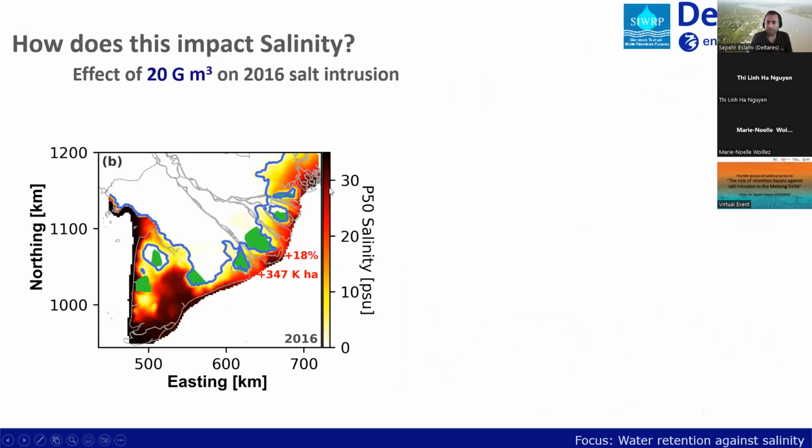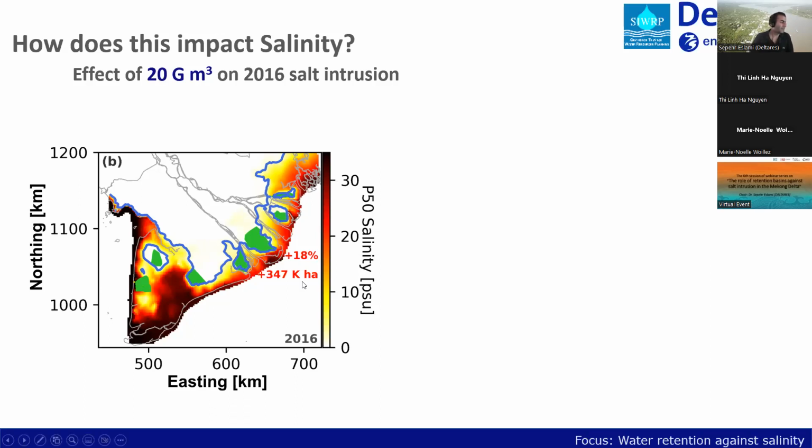With that in mind, and with the shortage that was experienced in the year 2016, we did a reverse engineering exercise and tried to see what would be the impact on salt intrusion of 20 billion cubic meters, more or less, which was lacking in 2016.